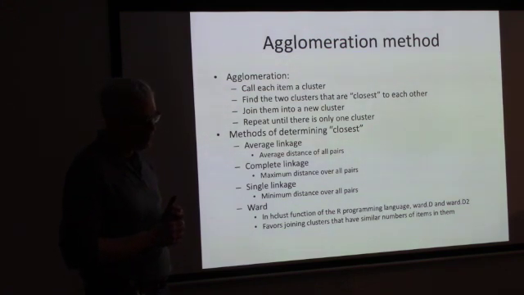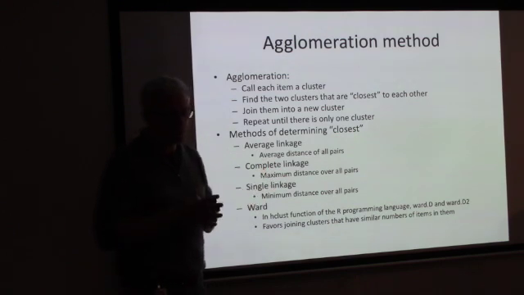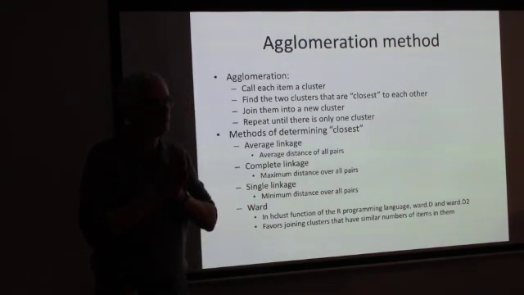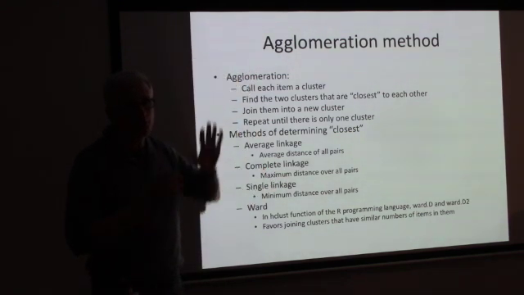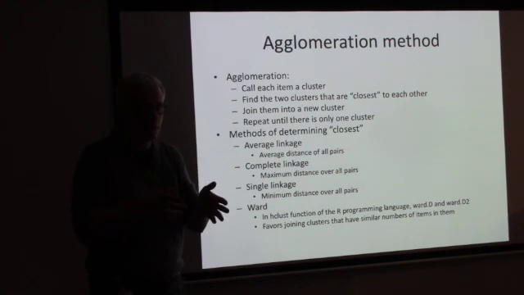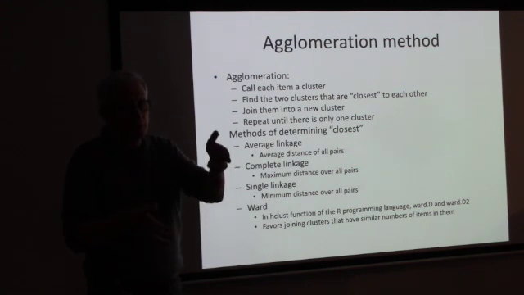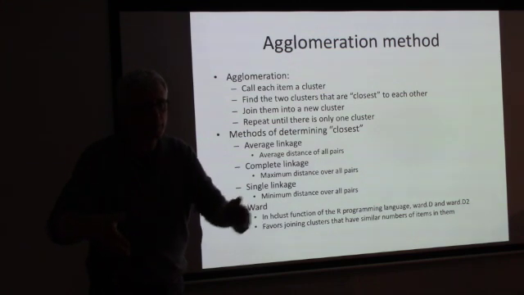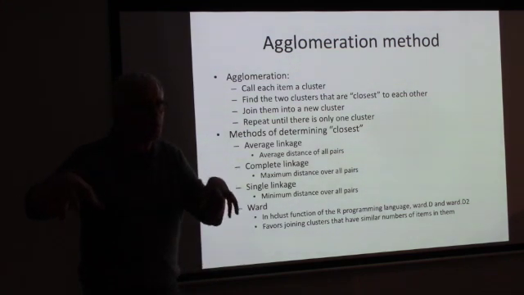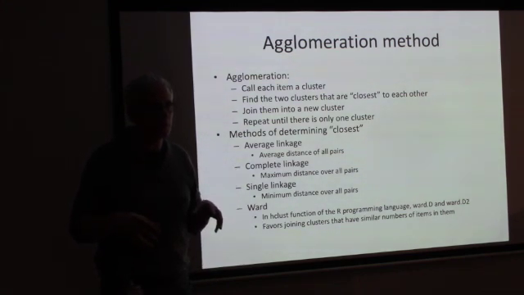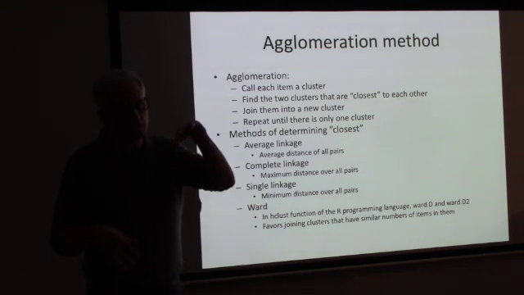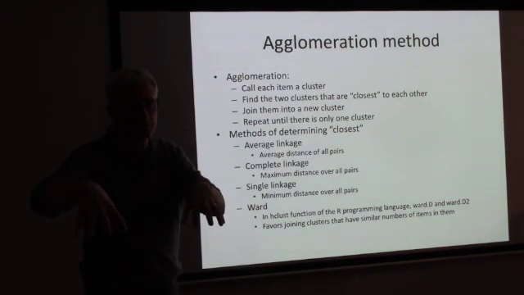Right. And so, in the previous slide, we chose what is the distance, or what is the similarity, between one sample and another sample. Now, in order to decide what to agglomerate next, we have to answer the question, what is the similarity between this cluster and that cluster?